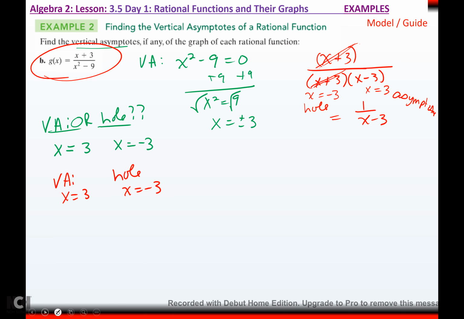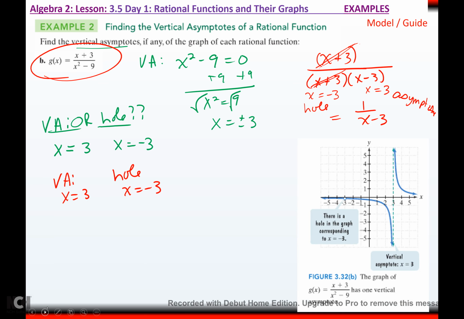Okay? And again, to look at the graph, you see at positive 3, there's actually a jump. It doesn't touch there. At -3, there's a little hole. Now, guys, if you graphed this on your graphing calculator, you're not going to see that hole there. The pixels and the technology just aren't advanced enough to show those holes.